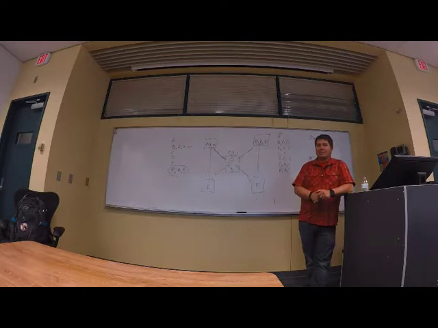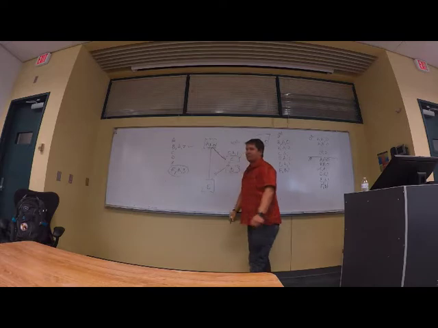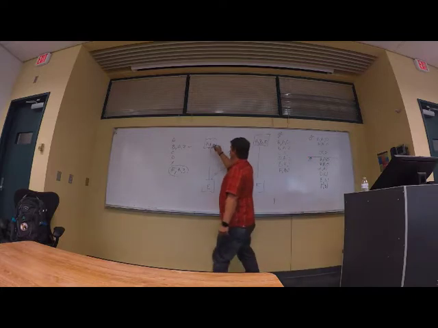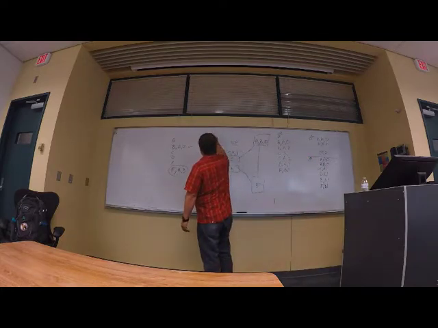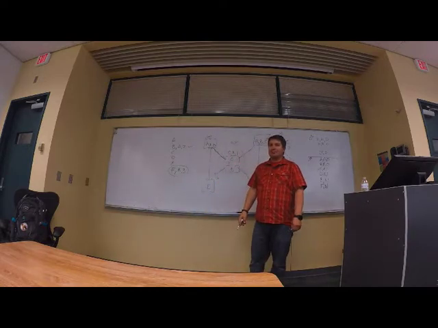Because there could be some other things in there. What if these were 40 gig core switches? You probably want those to be root. If A is 100 gig and this is 1 gig, there are other decisions that can be made to make it better.